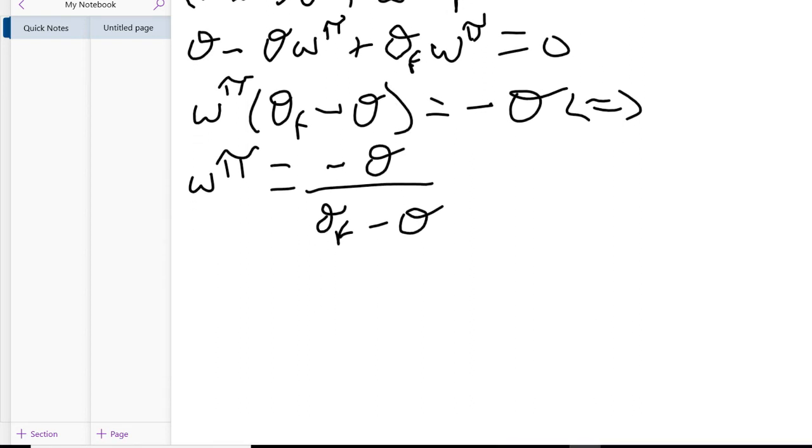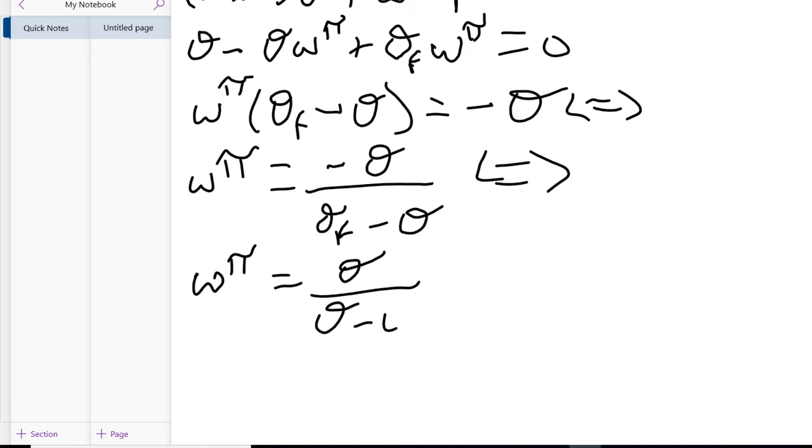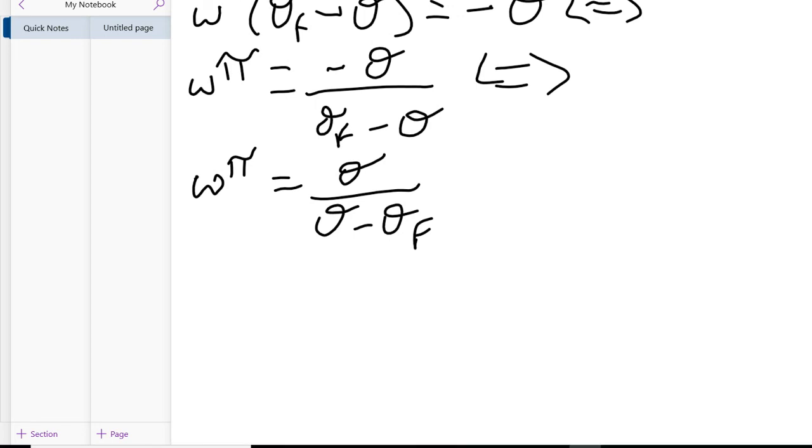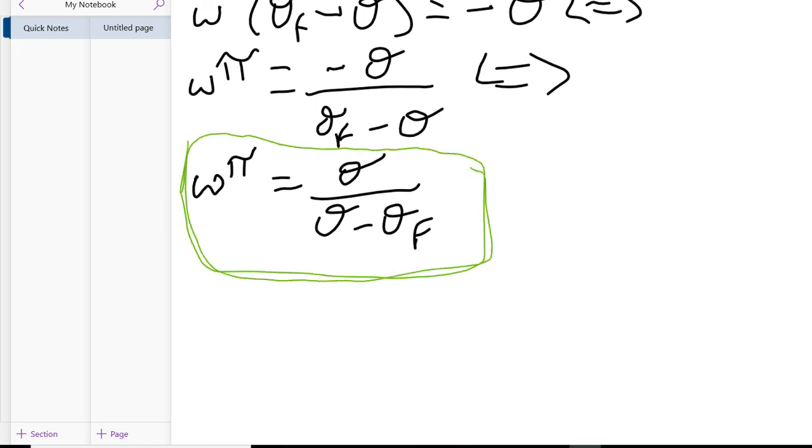Let's get rid of the awkward negative numerator. So we can just say that w_pi is equal to sigma over (sigma minus sigma_f). So there's our first weight figured out, very important.